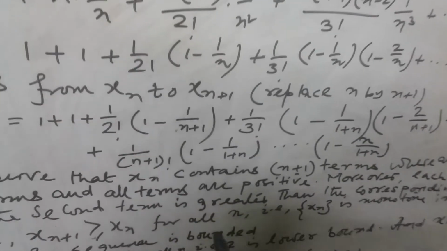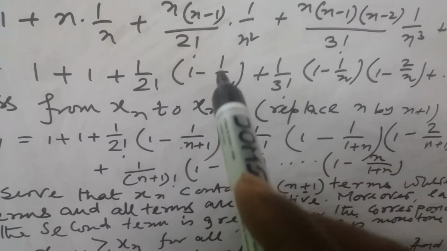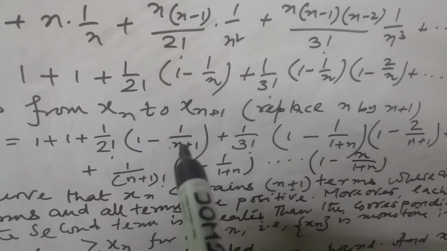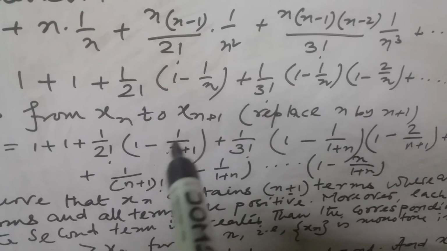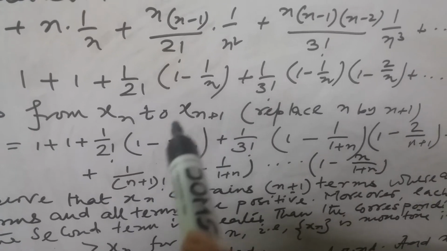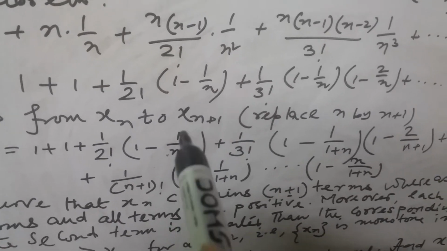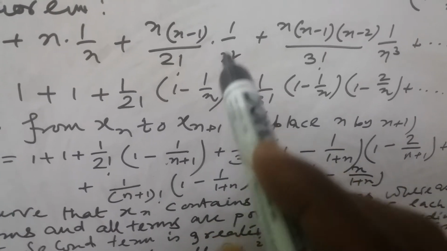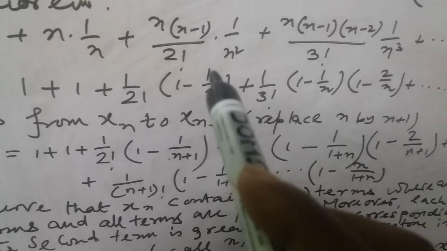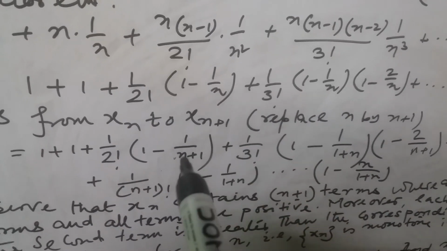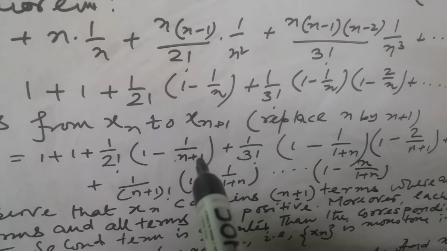Now see that since n plus 1 is greater, 1 by n is greater than 1 by n plus 1.